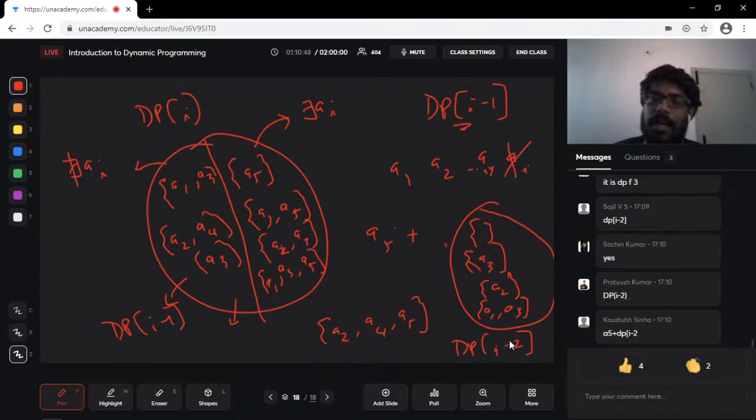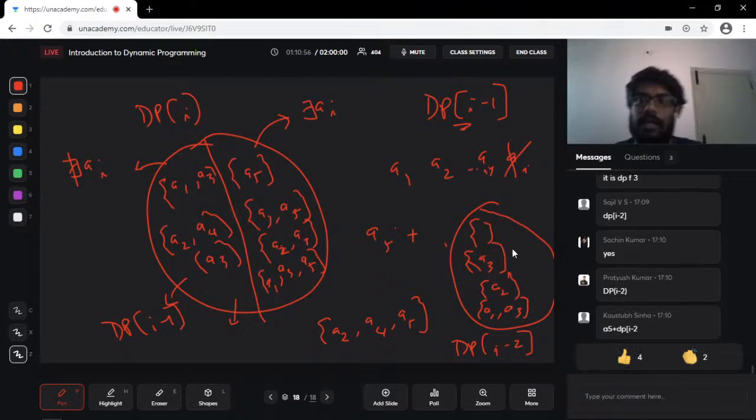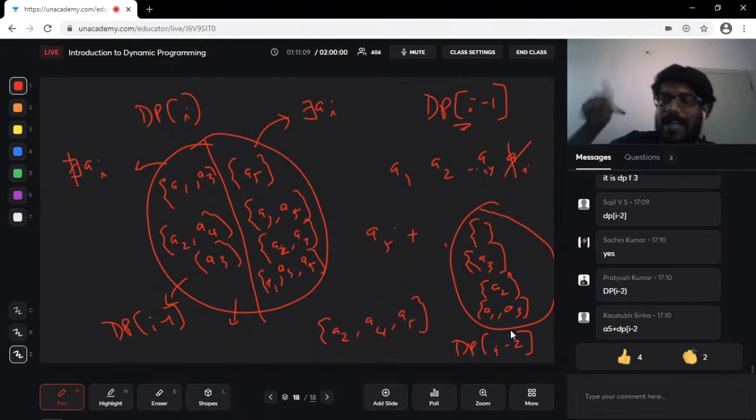Yes. And now let's look at the other way around. Yes, so all these elements will be in the dp i minus 2 bag, but is it exactly equal? That is also true, right? Because let's take any valid subset of a1 to ai minus 2. If I plug in ai at the end, it still remains a valid subset because ai minus 1 is not chosen, right?